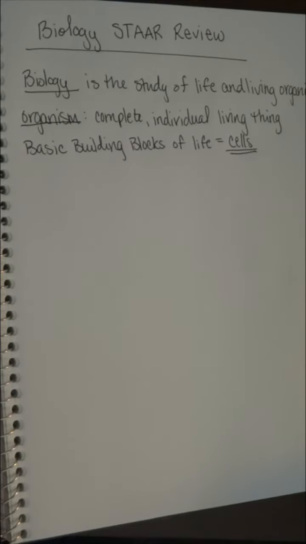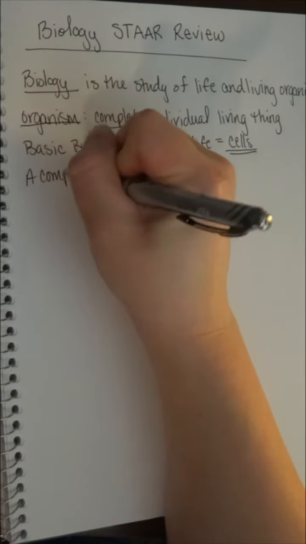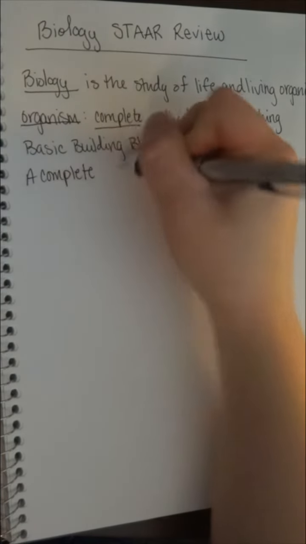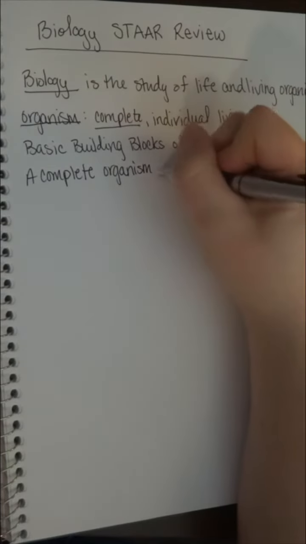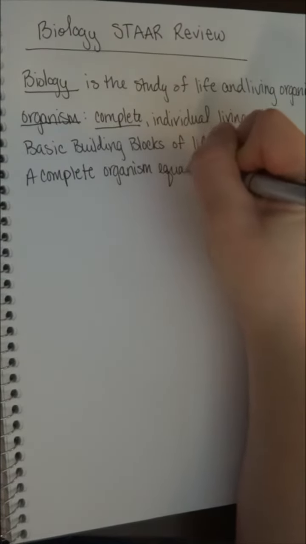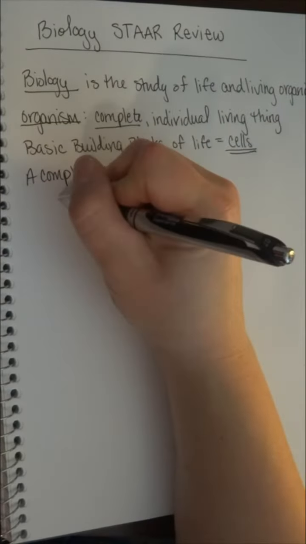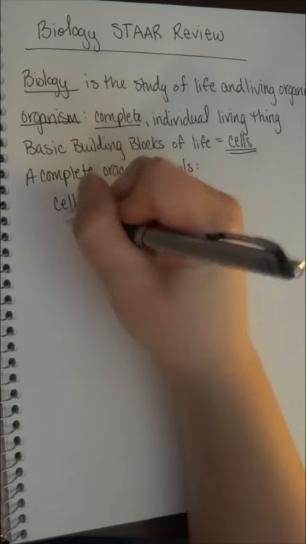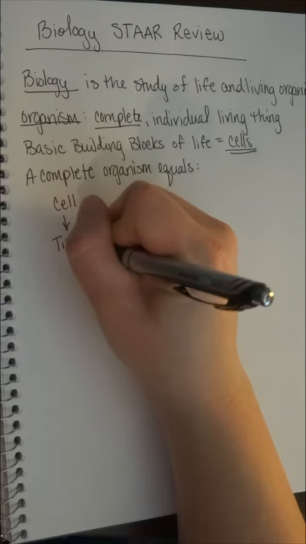Now, if we wanted to know the scale of what all equals a complete organism, it equals the following. So we begin with the cell. Cells make up tissue.